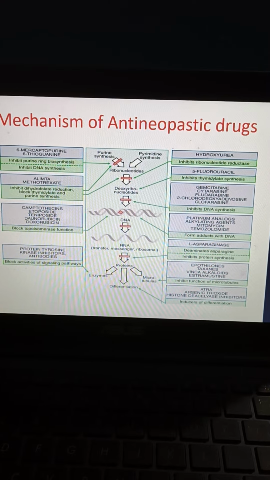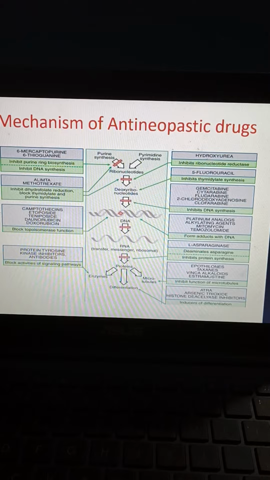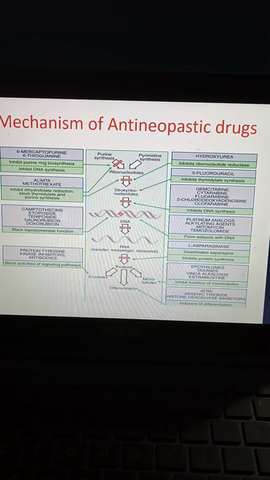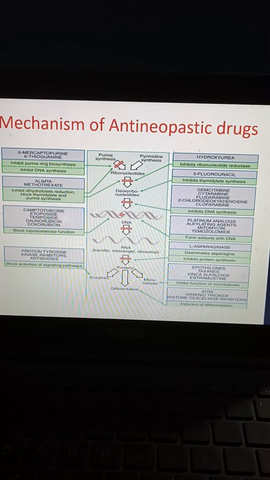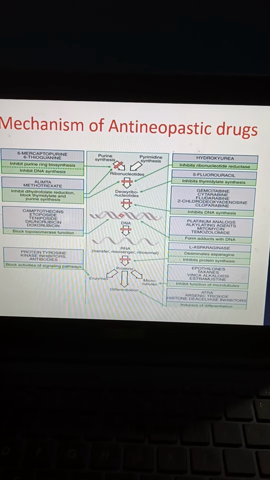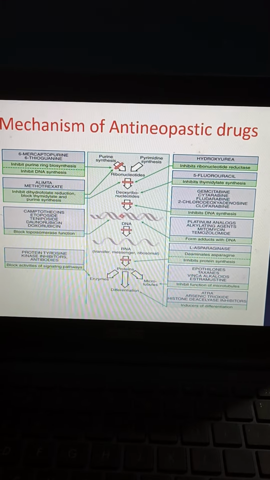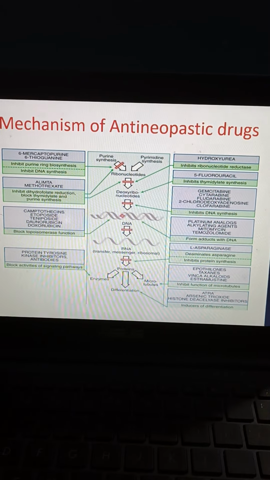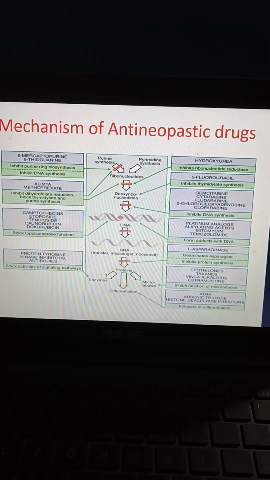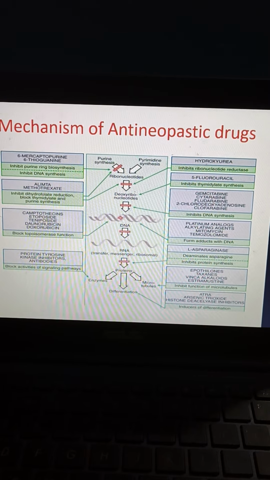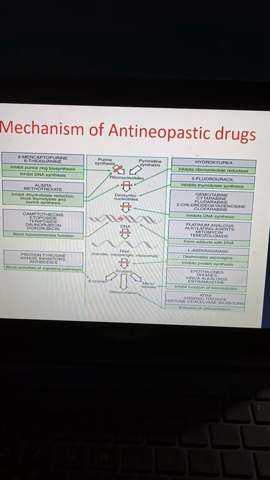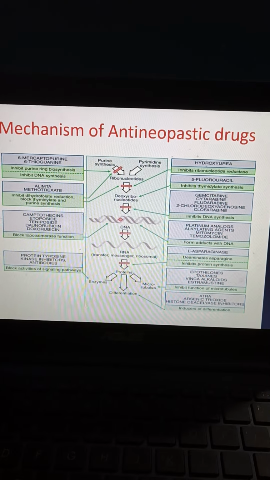These are purine synthesis inhibitors. Then methotrexate inhibits dihydrofolate reductase and blocks thymidylate and purine synthesis. Methotrexate also inhibits the ribonucleotides to deoxyribonucleotides pathway.